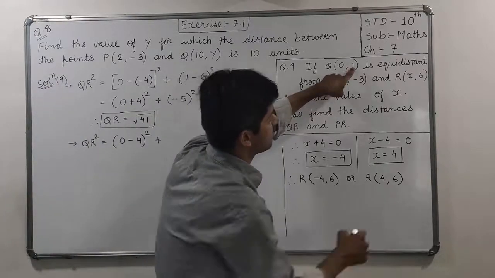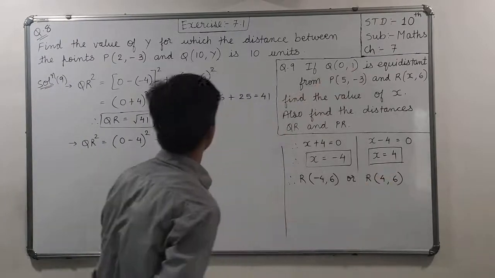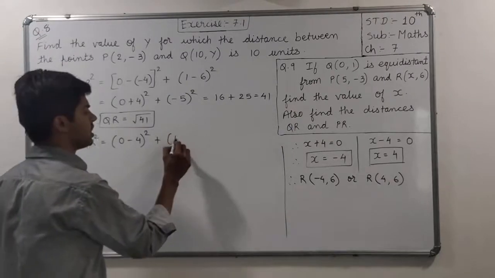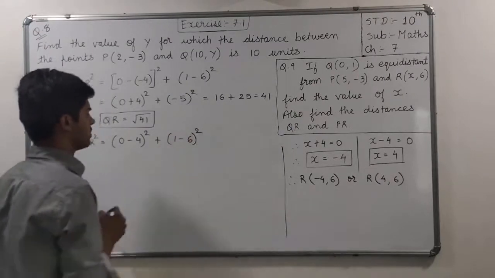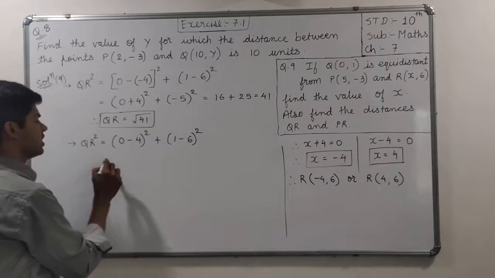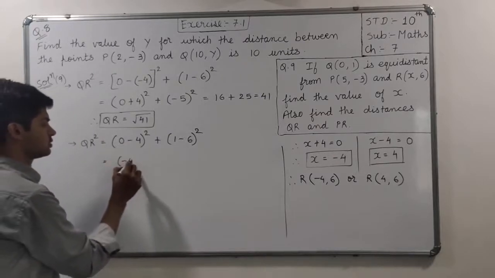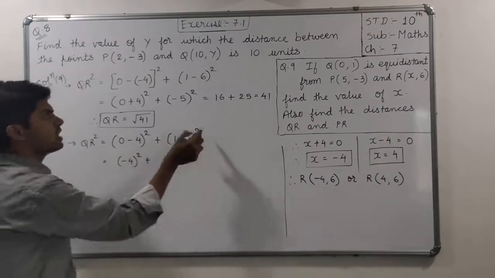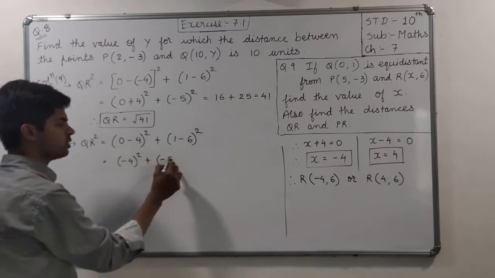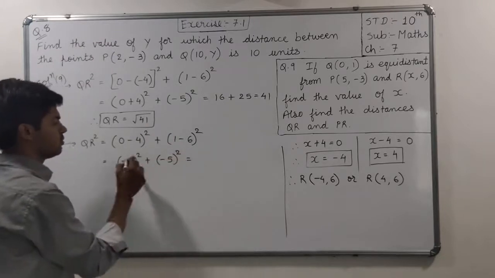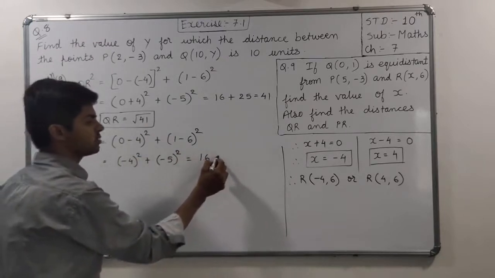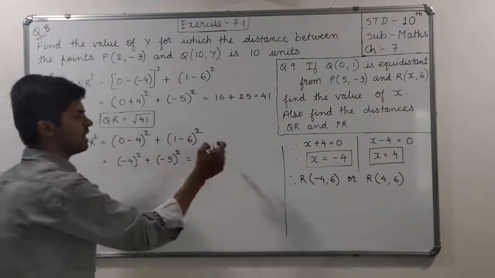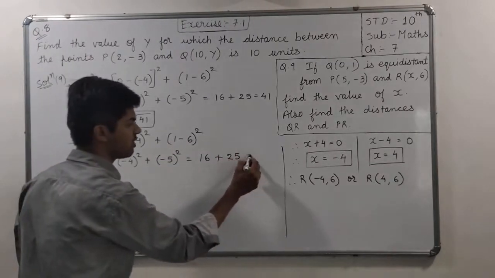Second minus second, 1 minus 6. So 1 minus 6 all square. 0 minus 4 means minus 4. 1 minus 6, simple, minus 5 all square. Minus 4 square means plus 16. Minus 5 square means plus 25.